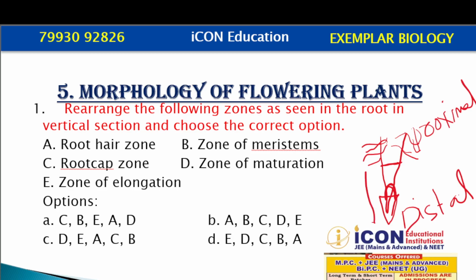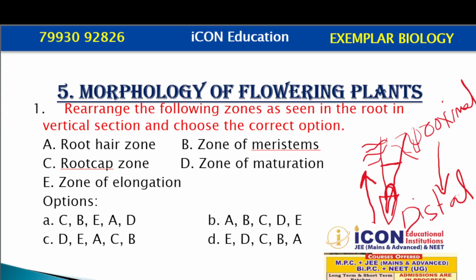So, distal to proximal end means you have to follow this sequence. If they ask you, arrange the zones from the proximal to distal end, then you have to follow this sequence. But they have told you to just arrange the following zones in the vertical section.